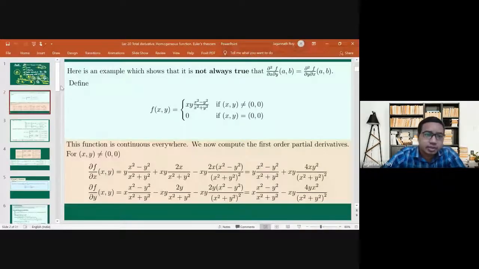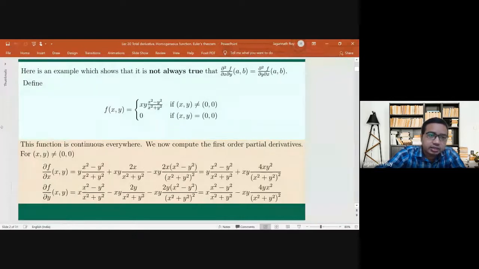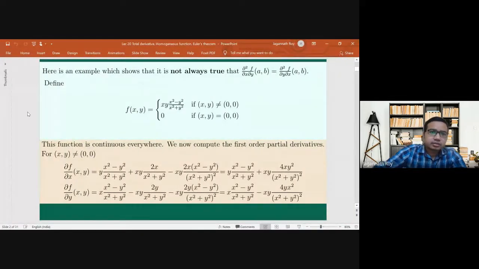So for this example, suppose f of x, y is defined by this function. Then it is well defined since we have included the value at 0, 0.